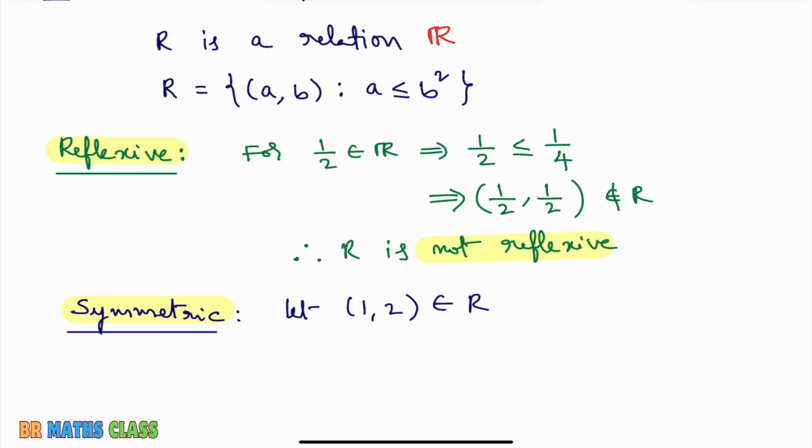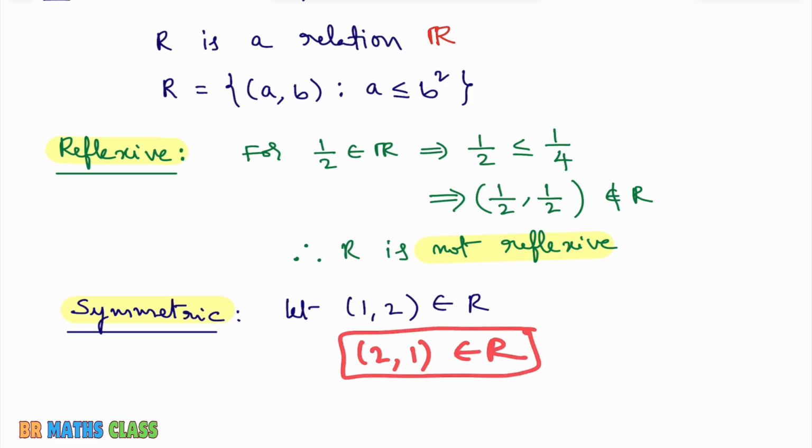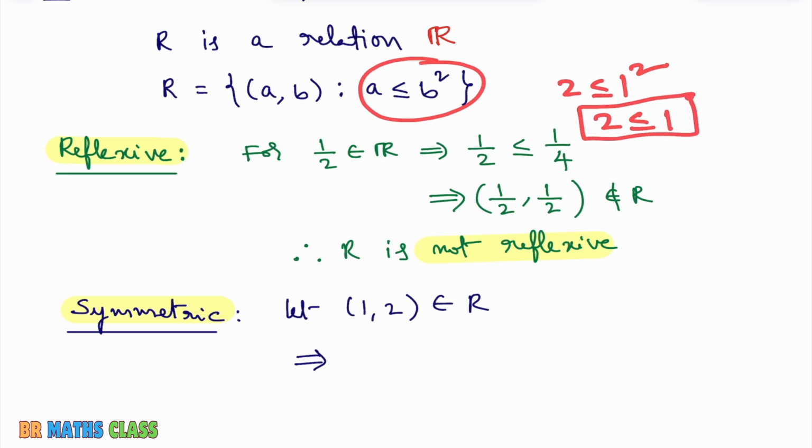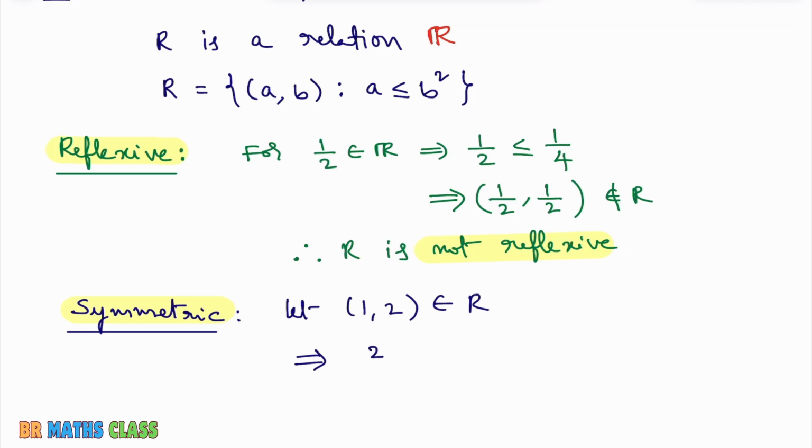Now what do I need to check? I need to check whether 2 comma 1 is in the relation or not. 2 comma 1 is in this relation if 2 is less than or equal to 1 square, that means 2 is less than or equal to 1. You check, is it true? Is 2 less than 1? No. Is 2 equal to 1? No. So 2 is less than or equal to 1 square is false.